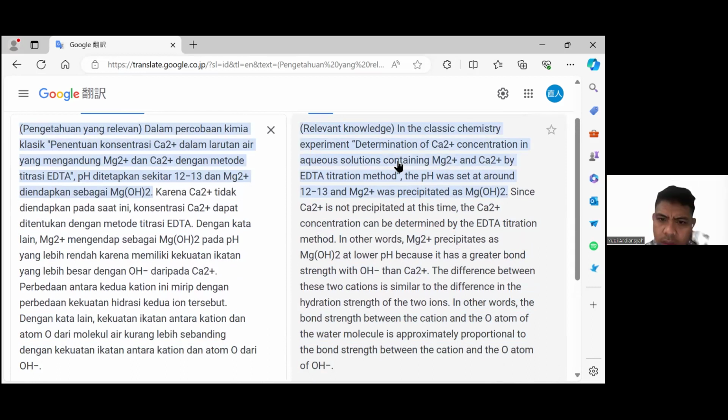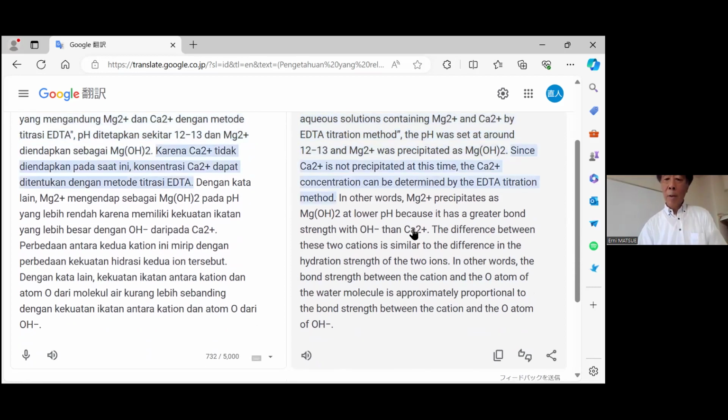Yes or no? Please answer. No, Prof. I don't know. No? Maybe you don't know. Okay. In the Faculty of Science, Department of Chemistry, it is a very old experiment using EDTA titration. Okay.